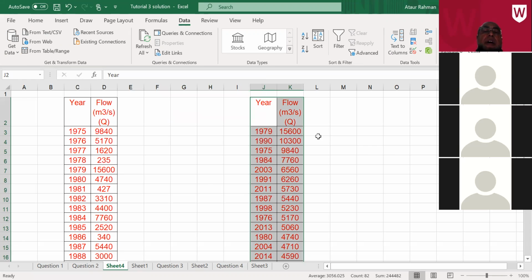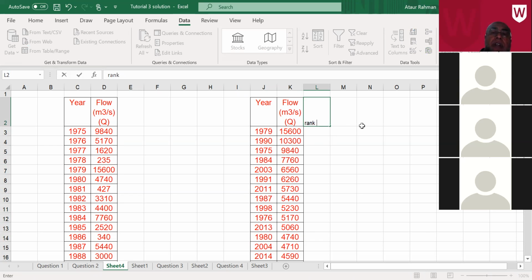We have sorted the flow data according to the highest, the top, second highest later on, and so on. And then we rank the data, rank M. The highest data is given rank 1, and the second one is given rank 2, and so on.